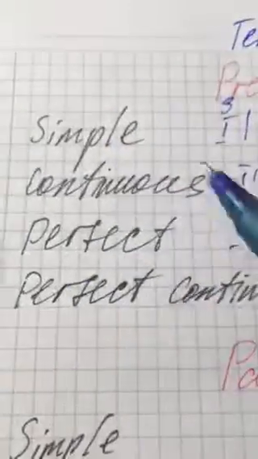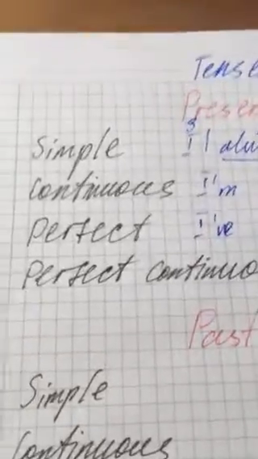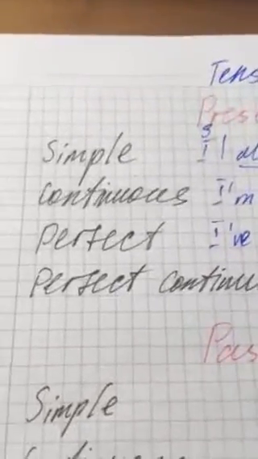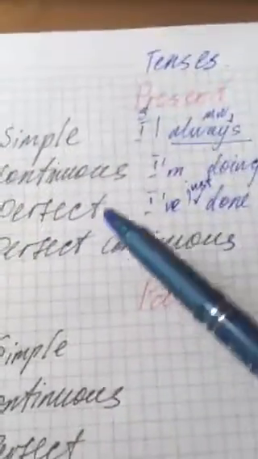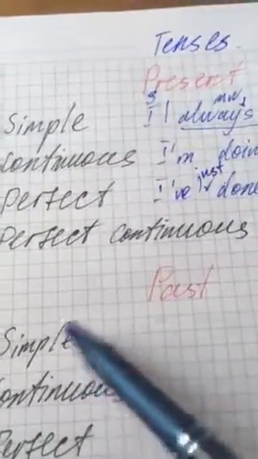Because it tells us about experiences in life, about situations that have happened sometime, well, but we don't know when. The idea is we just need to know that things happened, and that's it. So there is no time. For example, I've just done my homework. When did that just happen? A moment ago, 5 minutes ago, 3 hours ago? We don't know. So that's present perfect. We'll talk about him later.